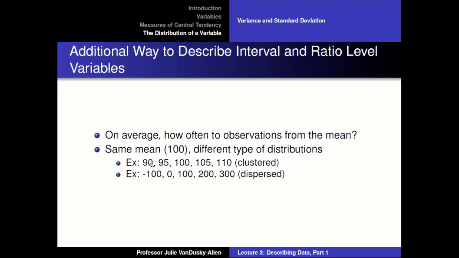The observations are clustered around the mean. In the second case, observations take on values very far from the mean: negative 100, 0, 100, 200, 300. The observations are dispersed. So it is important to not only use the mean to describe interval and ratio level variables, it's also important to know how observations are distributed.